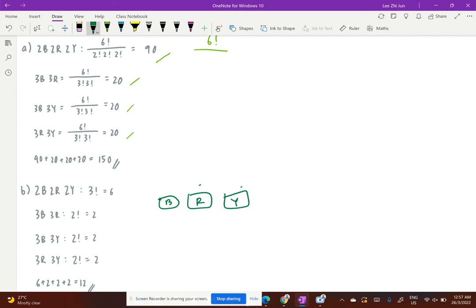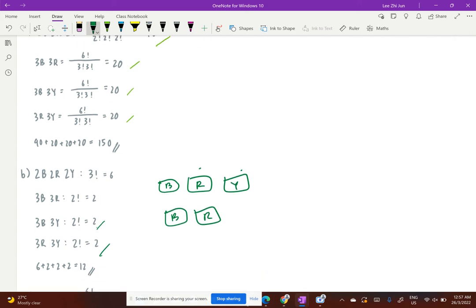So there are 3 boxes, so 3 factorial. 3B, 3R: also, there are 2 boxes, 2 colors, so 2 factorial. 3 blue, 3 yellow, also 2 factorial. 3 red, 3 yellow, also 2 factorial. Because there are 2 colors only. So 6 plus 2 plus 2 plus 2 equals 12.